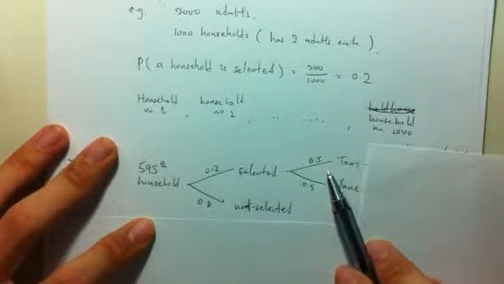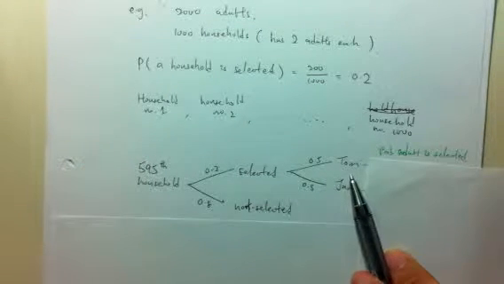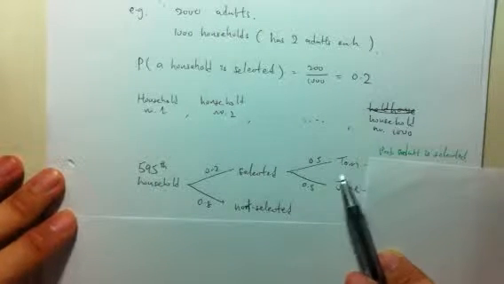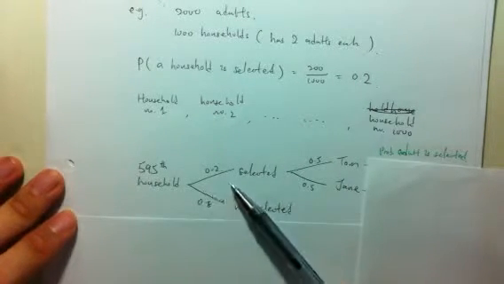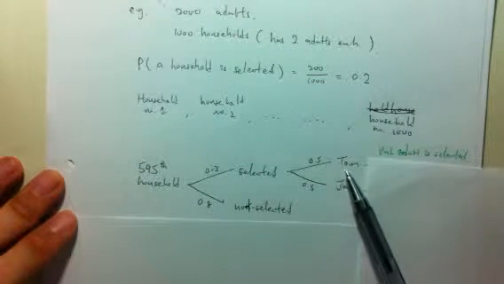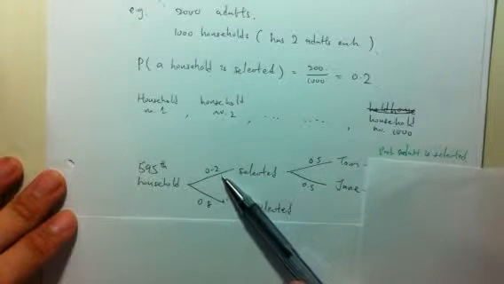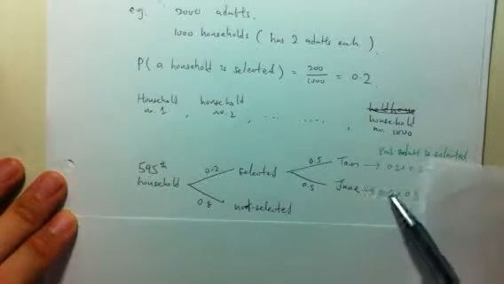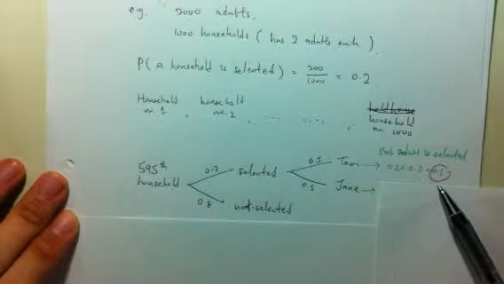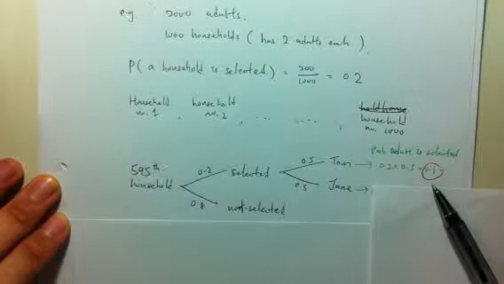Now what is the overall probability that an adult is selected? For example, what's the overall probability that Tom will be selected in this selection scheme of 2 stages? First, we have to take a look at how likely this household is selected. That's 0.2, and in the event it's selected, if we choose Tom, then that would be 0.5 times 0.2, upon the probability that Tom is selected, and the resultant probability would therefore be 0.1 or 10%.